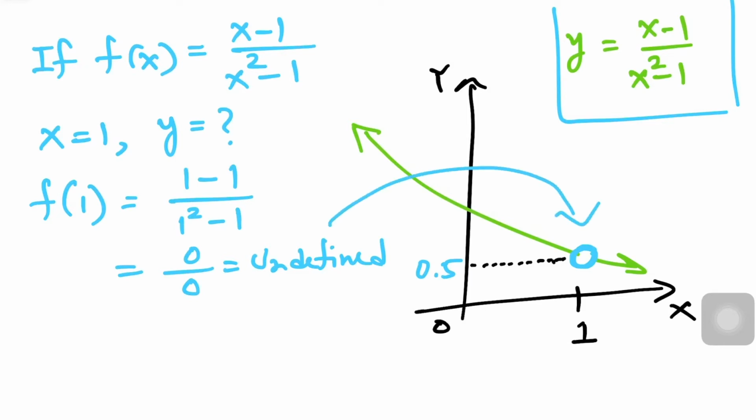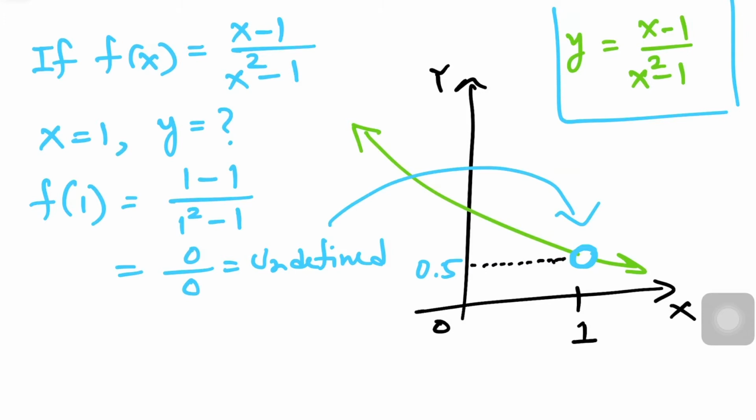I hope you notice that we also have a small hole here, and that's why we found undefined, right? So if I ask you this question, this isn't giving us a lot of information about this graph at that specific point, right? So one thing we can do, we can use limit to find out what's going on around 1, okay?